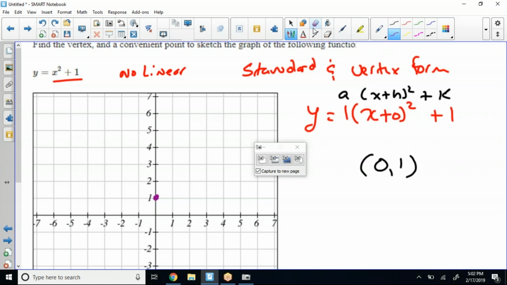Okay, I see. I can choose 1. I could plug 1 in, so that's 1 plus 1, which is 2. So (1, 2) would be another point right here, and that's all you need to graph it. But you just have to make sure you understand that it looks like it's in standard form, but we need to find the vertex.